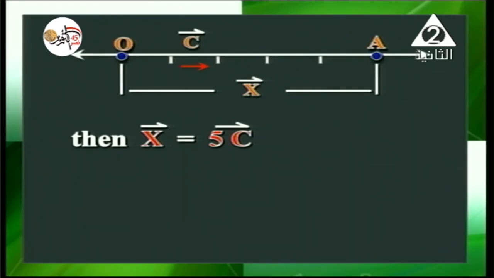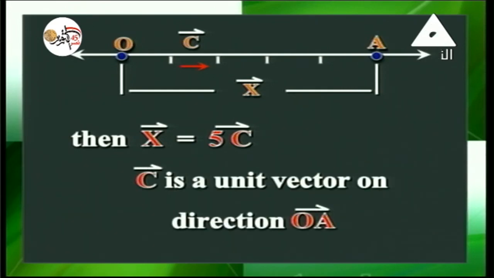C vector is the direction vector of OA vector. X vector equals 5 units in c vector, where c is a unit vector in the direction of OA vector.